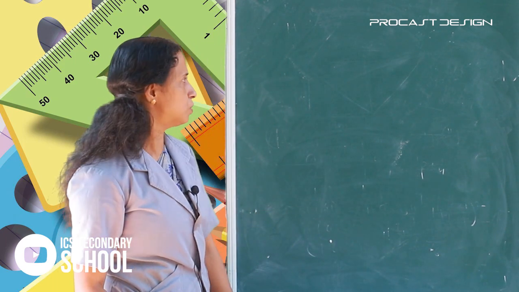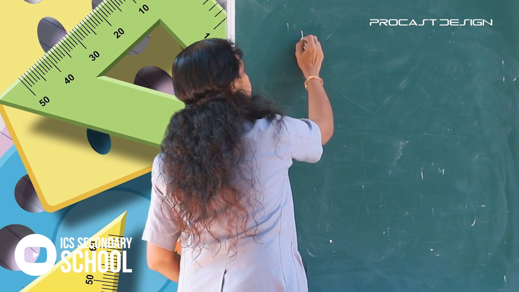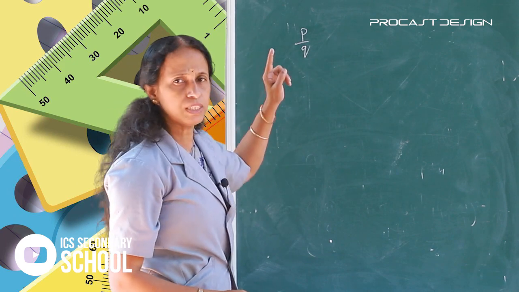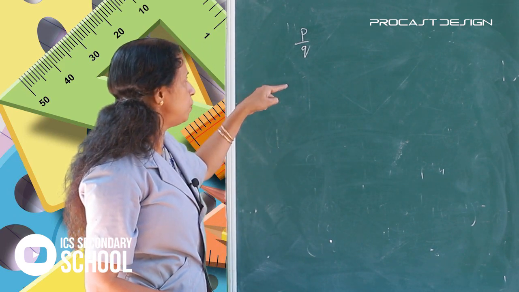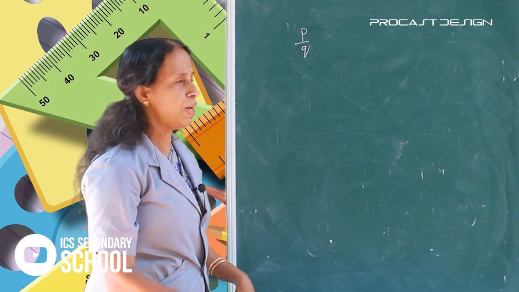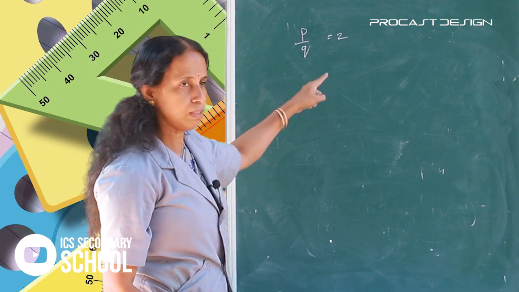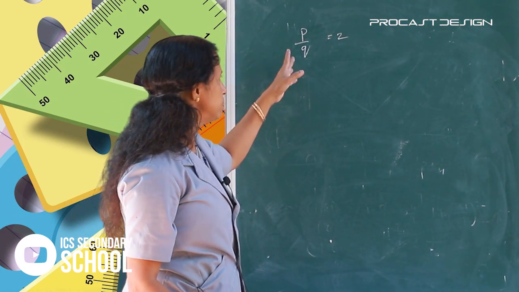The square of any fraction is not 2. Take a fraction p by q, where p is even and q is odd.